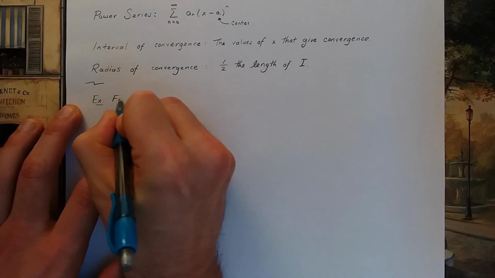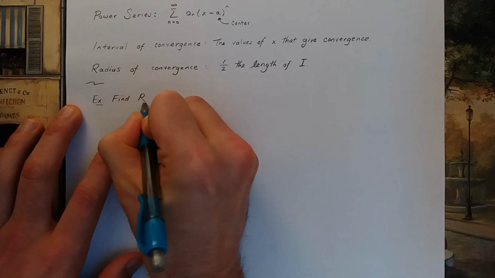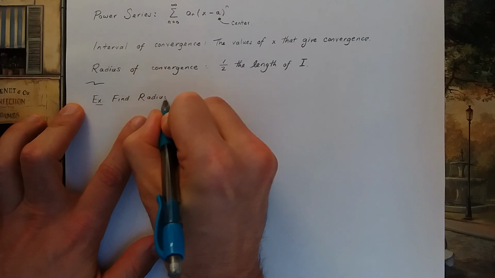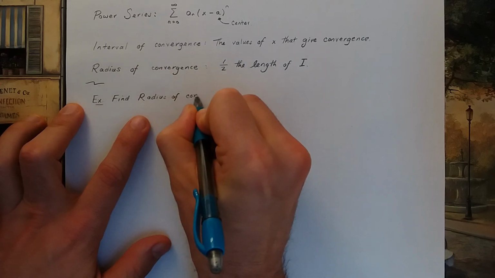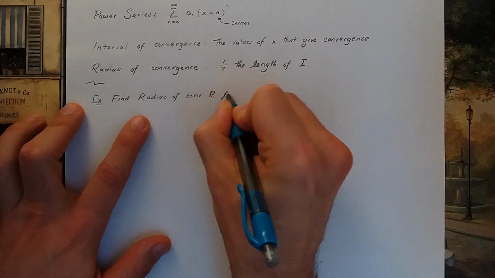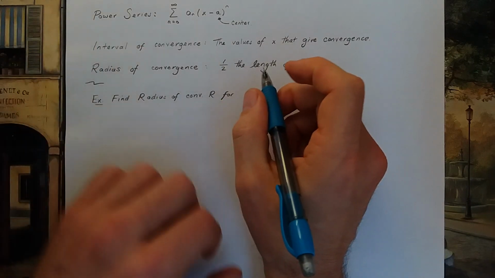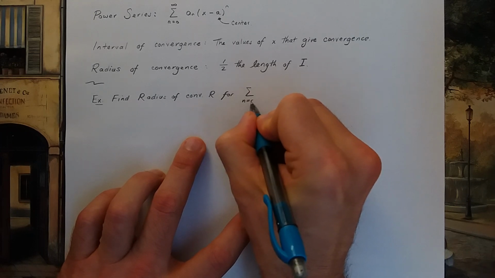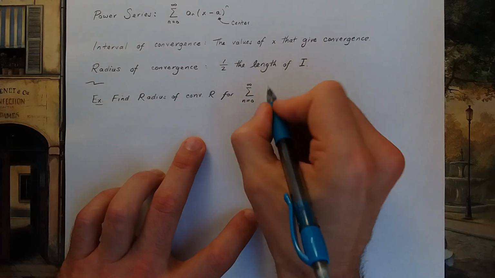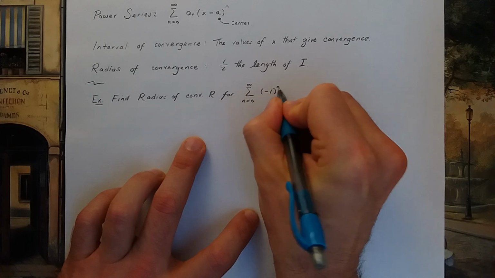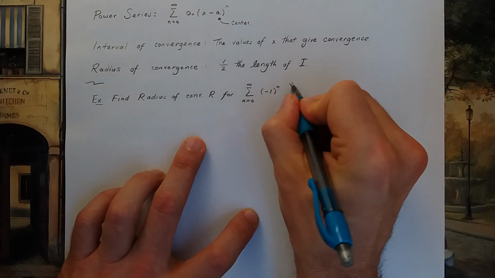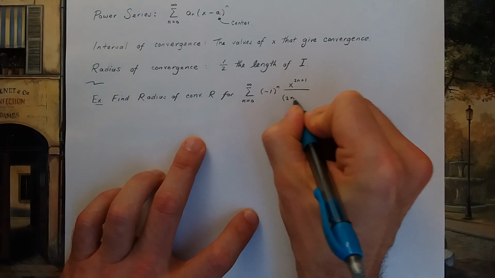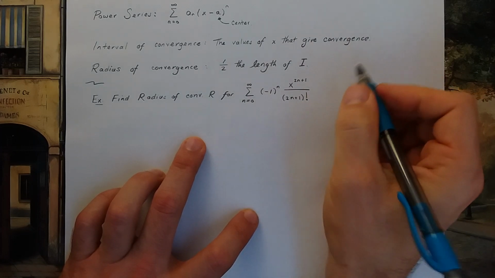Let's find the radius of convergence r for the function, how about the power series, the sum going from 0 to infinity, minus 1 to the n, x to the 2n plus 1 power over 2n plus 1 factorial.